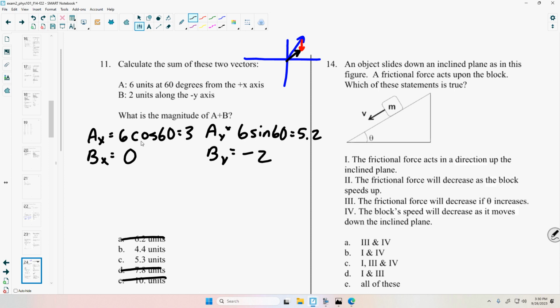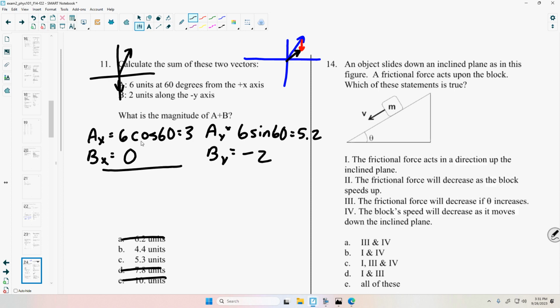So you have to look at the angle and see which quadrant that vector is in in order to know are the x and y components positive or negative. That's where the picture becomes really useful. I drew the picture tip to tail, but you might also want to draw it like this with AX like this and AY like that, or the vector B like that, so that you know it's along that negative y-axis, and you get those signs correct.